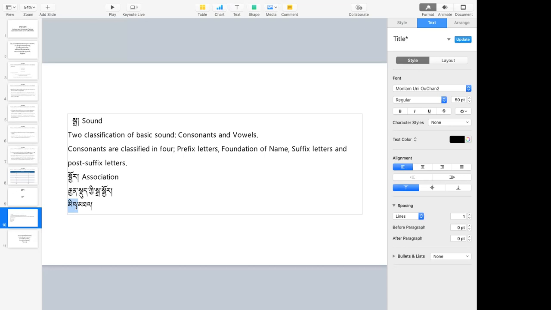There's no term in Tibetan where the suffix letter comes before the foundation of name. So therefore, we can understand this in two manners. The first was to understand Ming as the name and Mingta as the ending of the name. The second was to understand Ming as foundation of name, Mingshi, and Ta as the tail or following, so one that tails or follows the foundation of name.